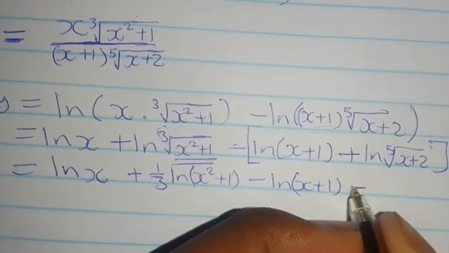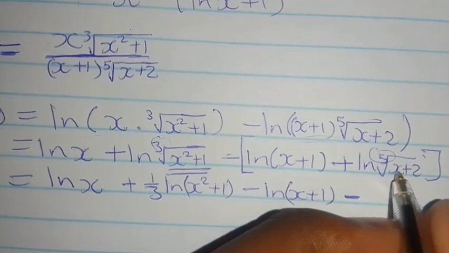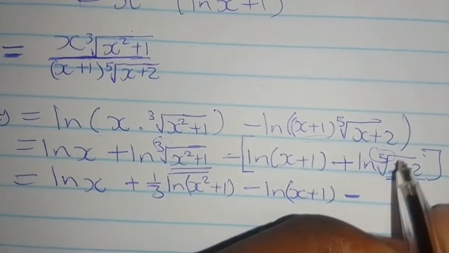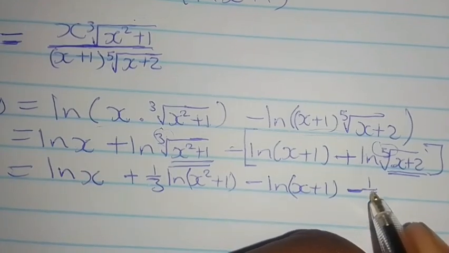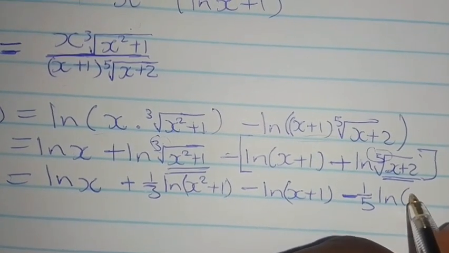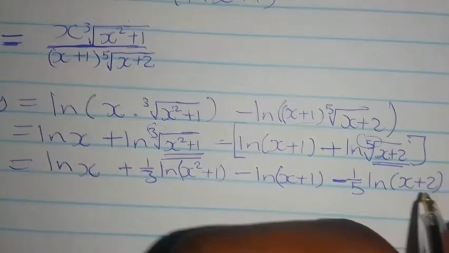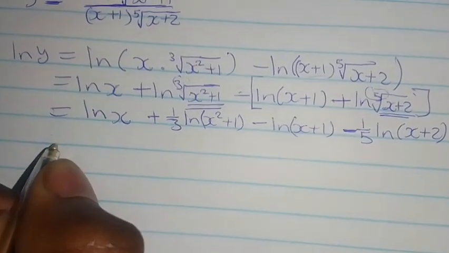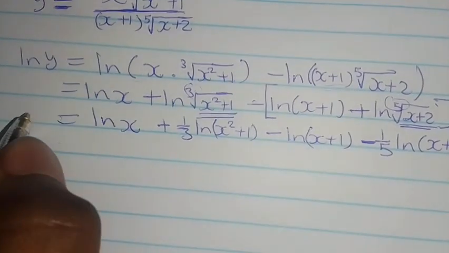Positive and negative will be negative, and then this just means that this raised to the power 1 over 5. Then I'll have 1 over 5, the natural log of x plus 2. And then that's doing y.